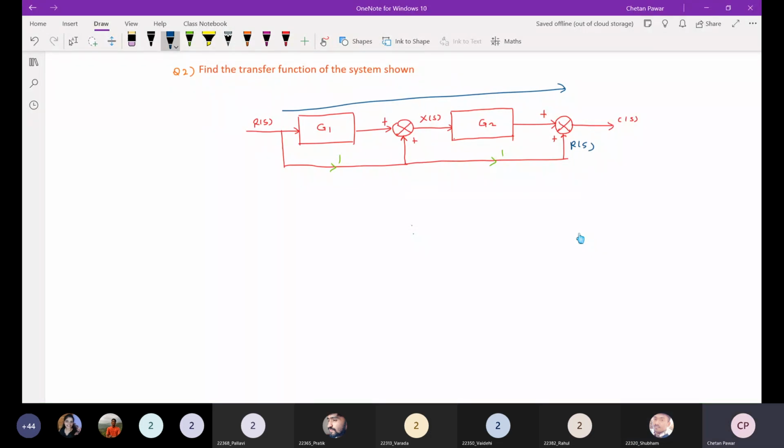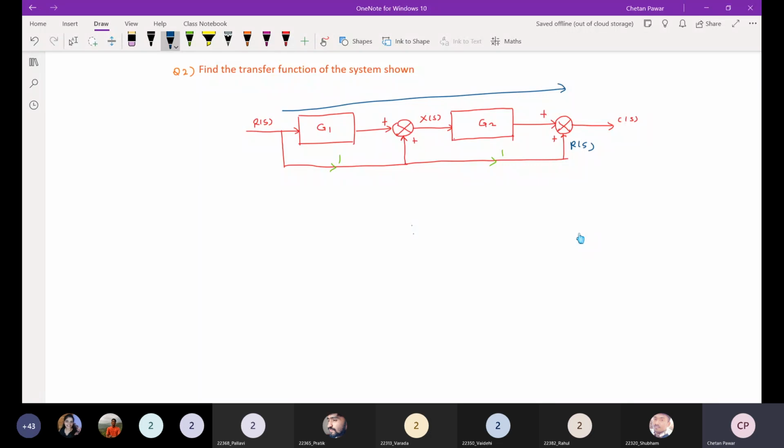Here? Where, sir? At this point, I'm moving the cursor. I'm moving this cursor here. Sir, we can shift the G2 block ahead of the first summing point. No, not required at all. Because a very simple thing is there. You tell me which signal we are getting at this point.